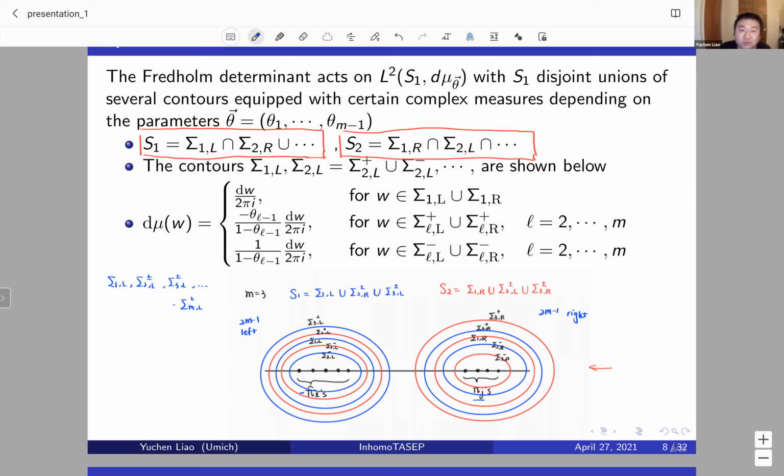And then S1 and S2 are each some half of the union of these contours. In this picture, the blue contours are S1, the underlying space of this Fredholm determinant, and the red contours are the other part.